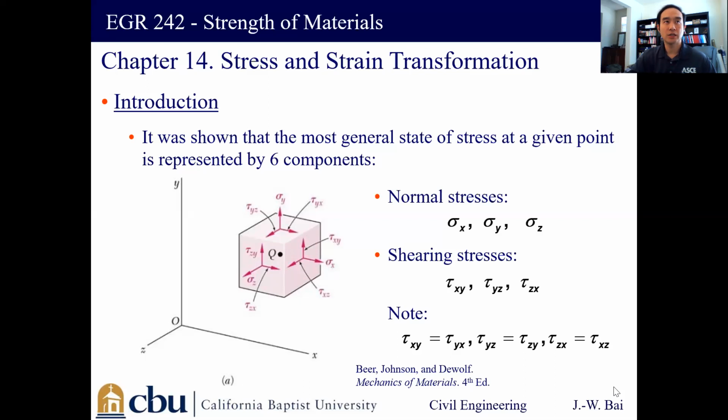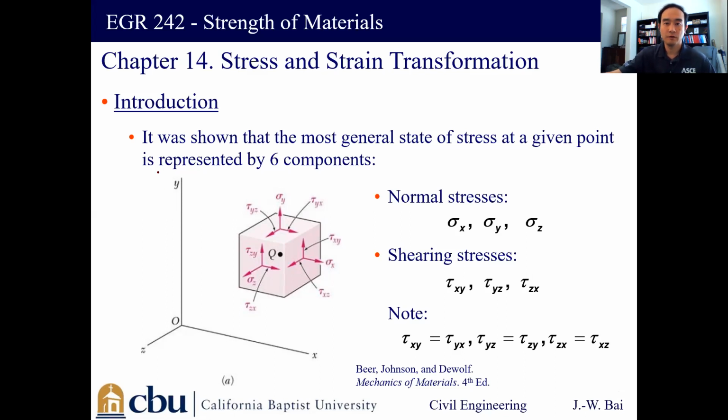The main reason is that as engineers, we're always looking for the maximum value, the maximum stress, and this concept can be used to figure out where and what the maximum stresses are with a certain degree of change.